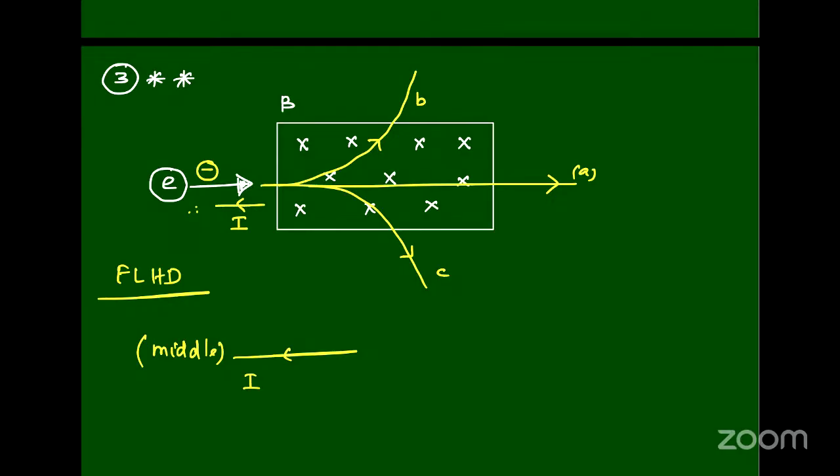Eventually the thumb will be pointing downwards. This is the force direction. So there will be a small force applied downwards like this, and therefore the path is going to be path C.